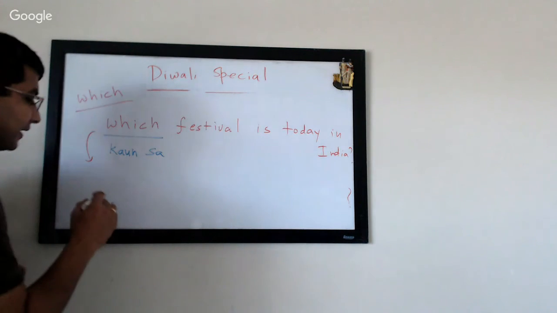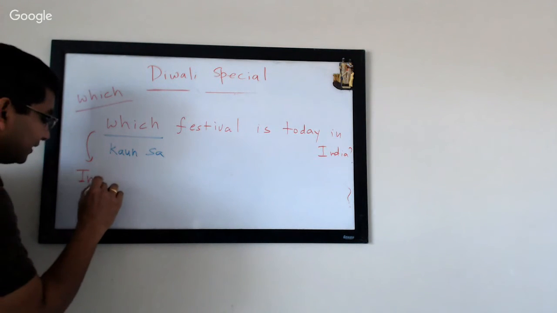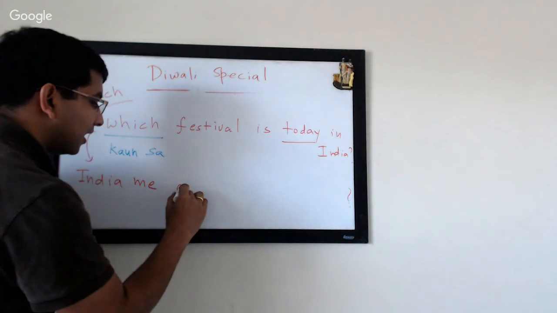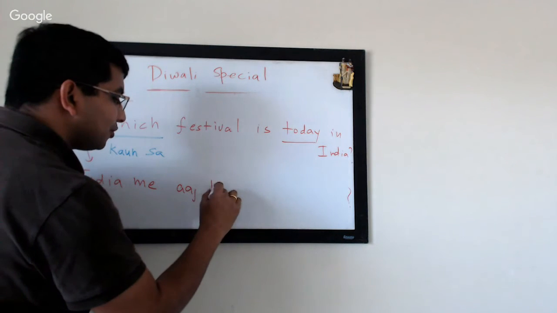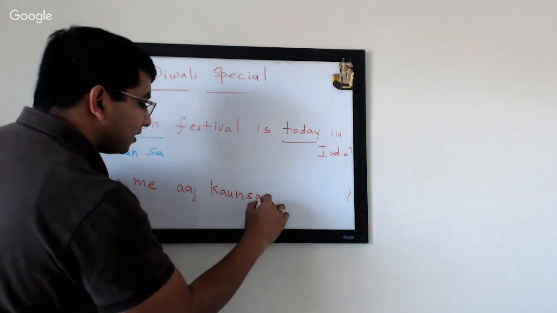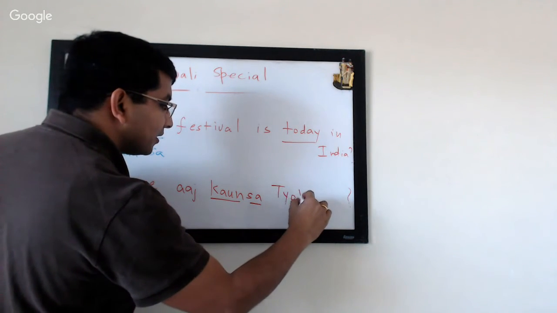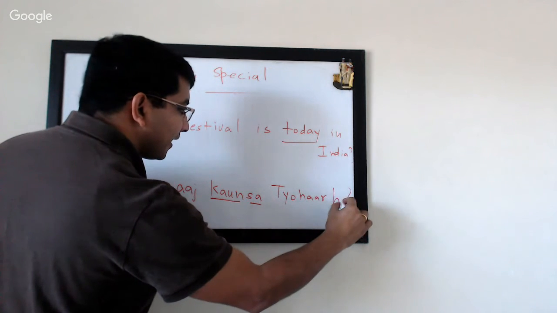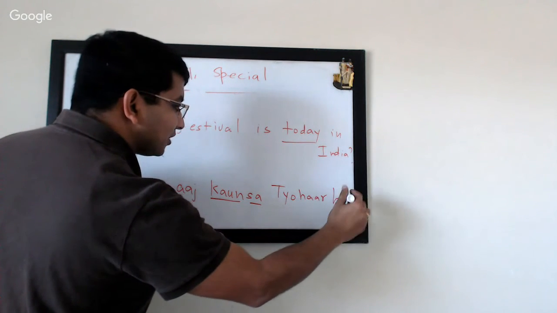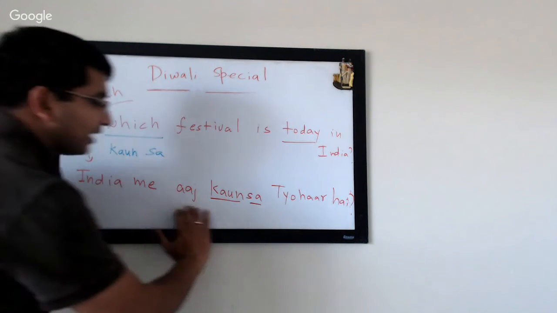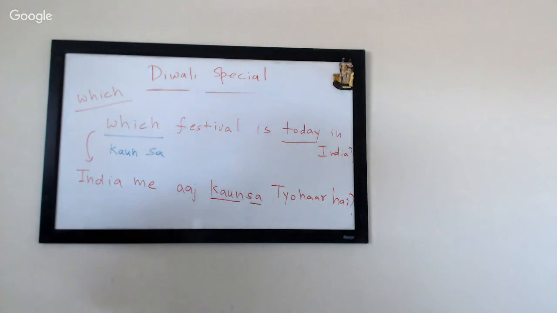Most of you have attempted it quite right. You'll say India में, in India, and today is आज, इंडिया में आज कौन सा त्योहार है. Or you can simply say आज कौन सा त्योहार है, which festival is today, right?